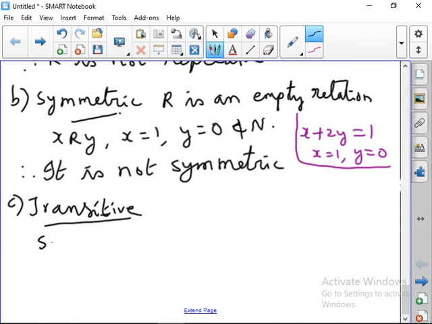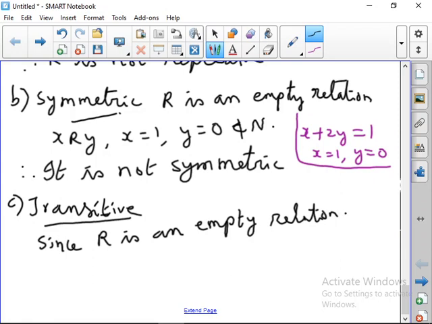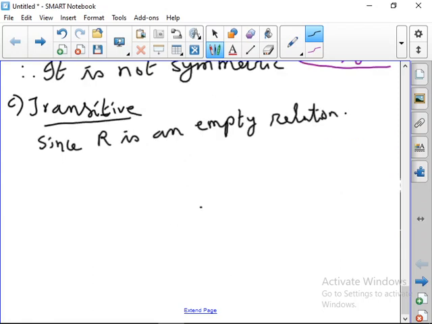Okay, so since R is an empty relation, what do we have? Not symmetric. Sorry, it is symmetric. I have written it as not symmetric. It is symmetric.